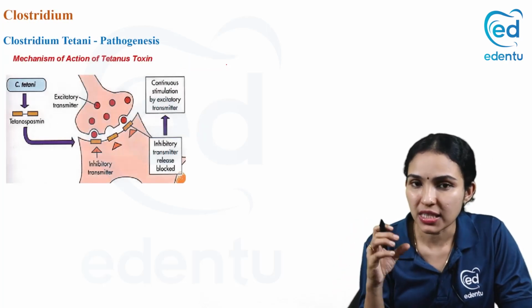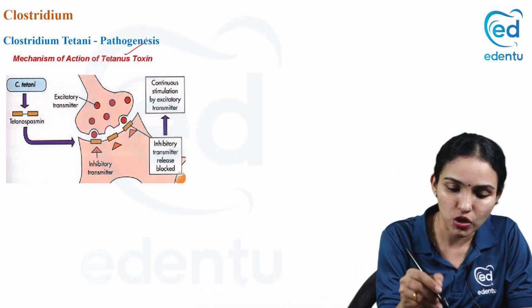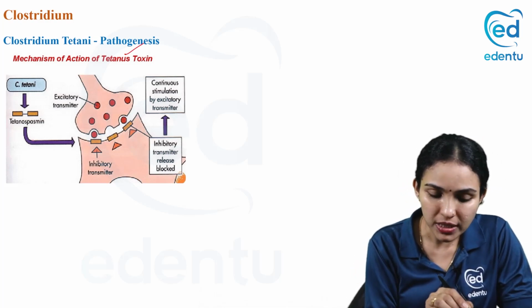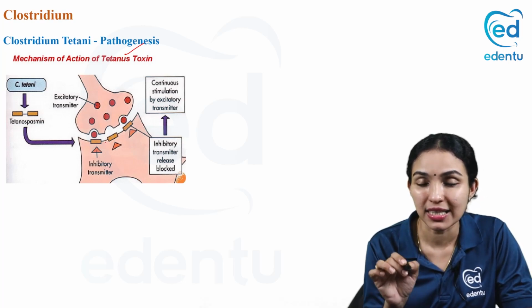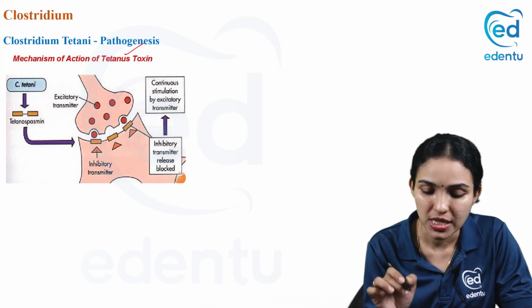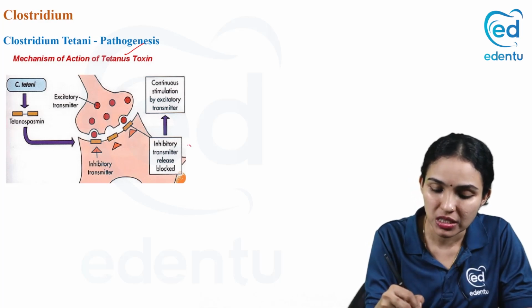It is the toxin that is going to cause all the effects. Once the bacteria starts multiplying and produces the tetanus toxin, tetanospasmin, where does it act? It acts on the inhibitory neurotransmitters. It prevents the release of inhibitory neurotransmitters like GABA and glycine.